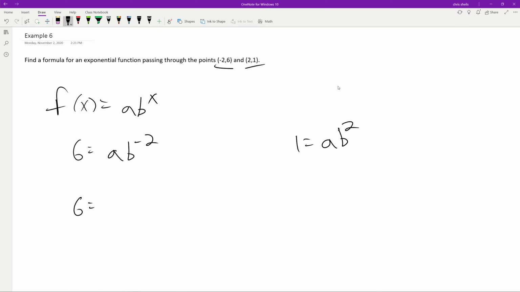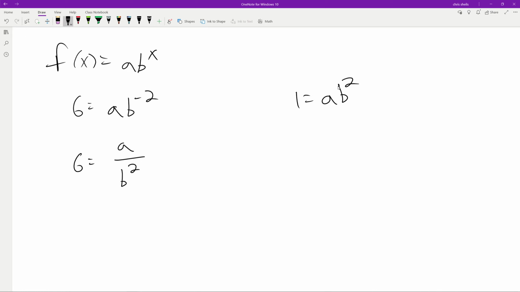In this first one, b to the -2 power is the same thing as b squared, but in the denominator. If I have a negative power, I can flip that term to the other side of a fraction and make the power positive. So these two things are equivalent. This actually lets me solve for a.